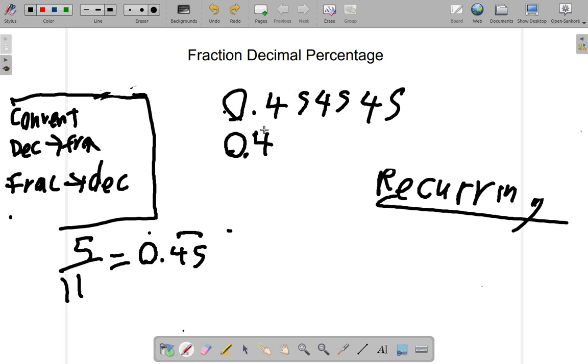If the number after where you're going to stop is 5 or more, you must add 1 to the number you're going to stop at. So I must add 1 to this 4 and make it 5. If I was going to write it to 2 decimal places, 2 digits to the right of the point, I would have 0.45. I wouldn't have to worry about changing the 5 because the number that follows it is really 4, which is less than 5. Once it's less than 5, you keep this number.